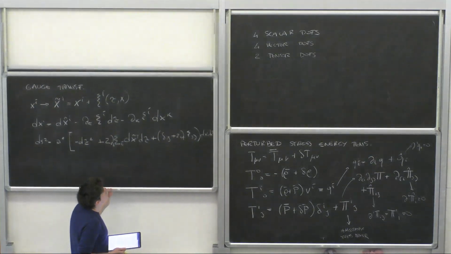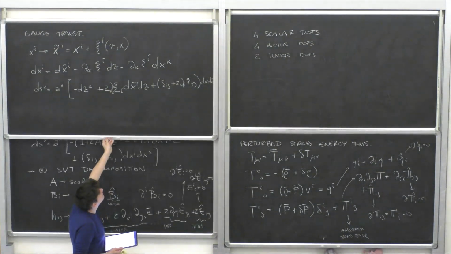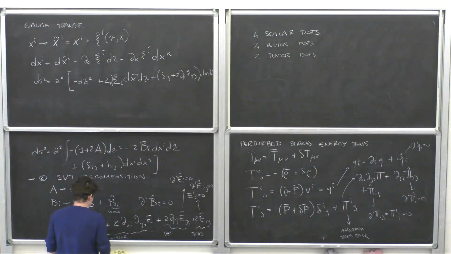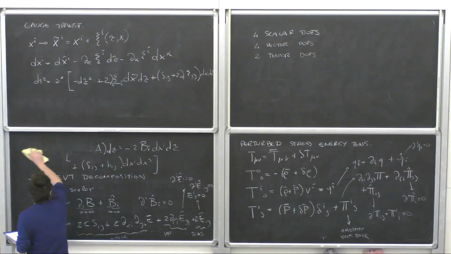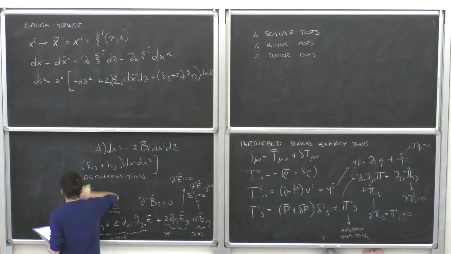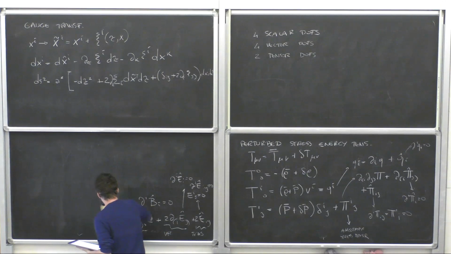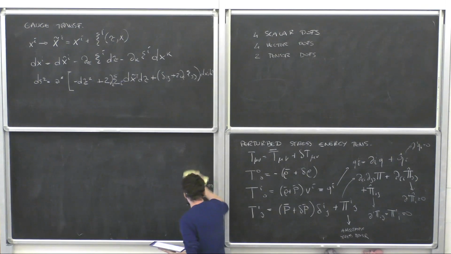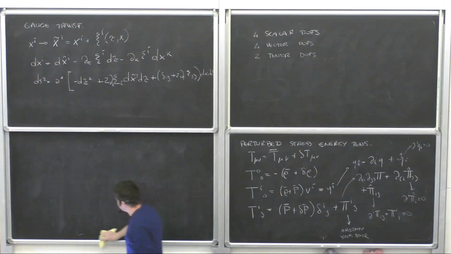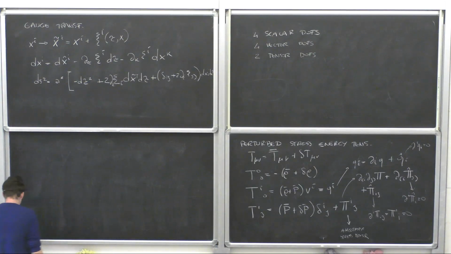Let's do another example, and this example is going to be relevant for the discussion we're going to have on the last day, because it's at the basis of how we do dark energy modeling nowadays. So now let's do the same trick, but instead of transforming spatial coordinates, let's transform time.